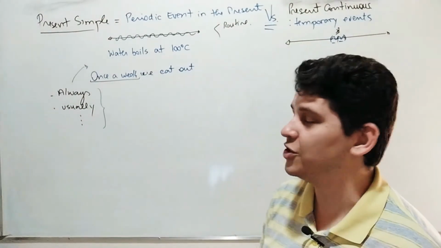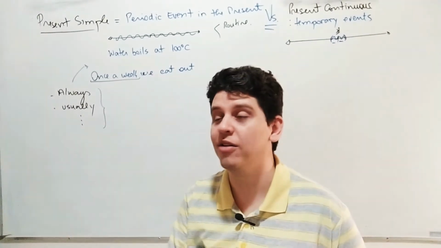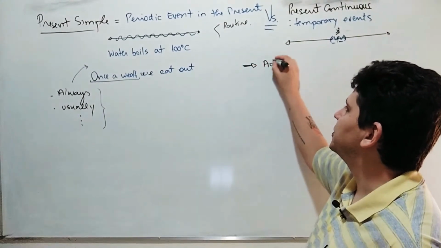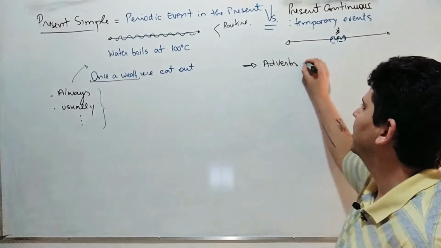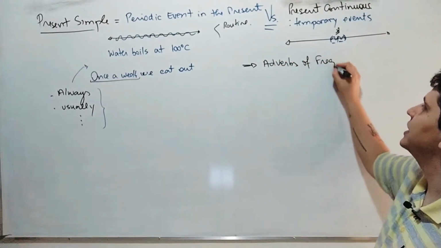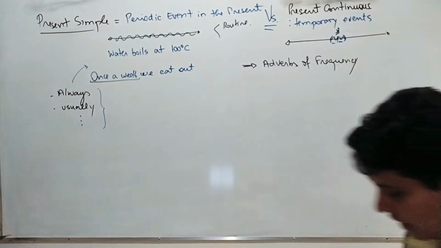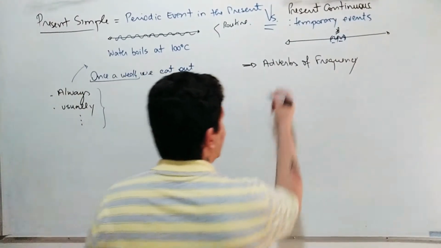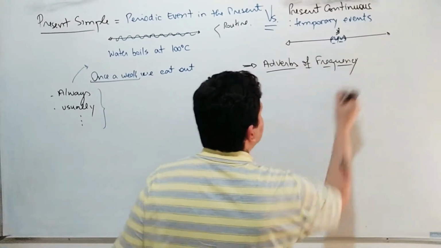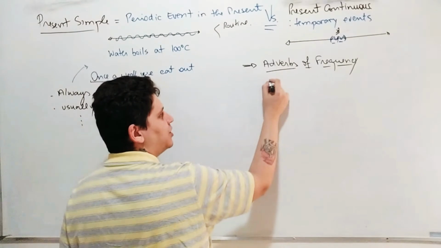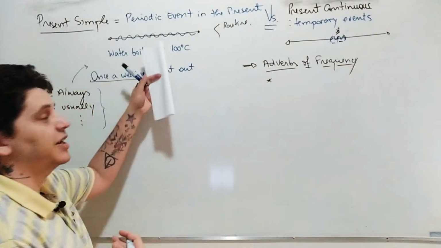But what is very interesting at this level that you are now is that sometimes we can use adverbs of frequency over here. Adverbs of frequency. But this must be done with very careful hands. And I mean that whenever you use an adverb of frequency over here, you are not describing a periodic event.